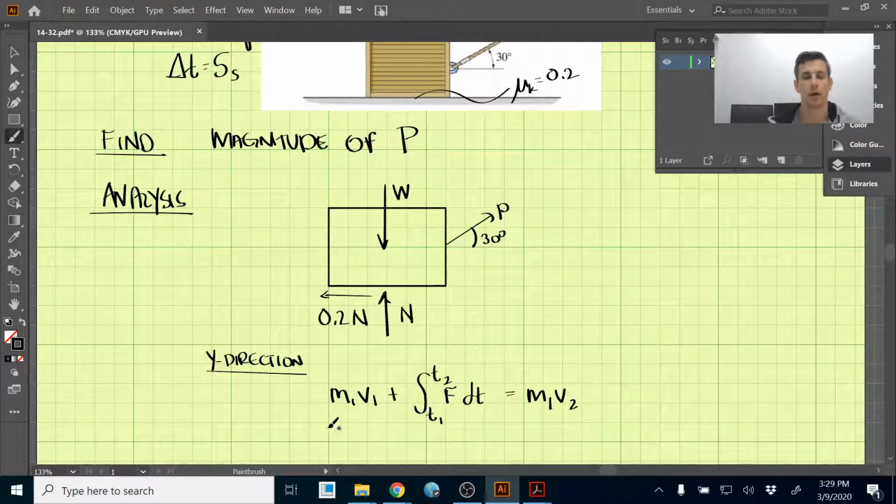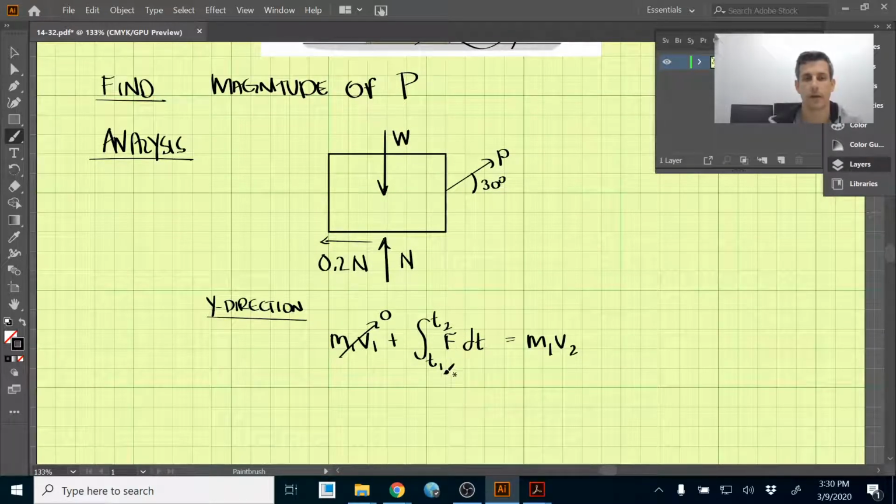All right, so we know it starts from rest, so the velocity at 1 is 0. And all the forces are constant, so this integral is just going to come out to be the forces times the 5 seconds.